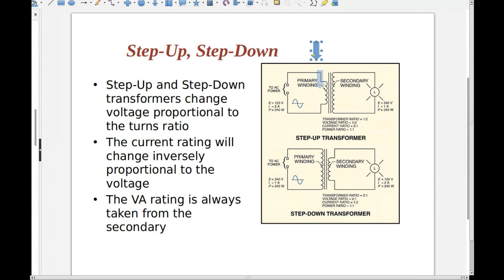But then they step it up to 100,000 volts or even 500,000 volts to transmit it across those miles and miles of wire to get to your house.